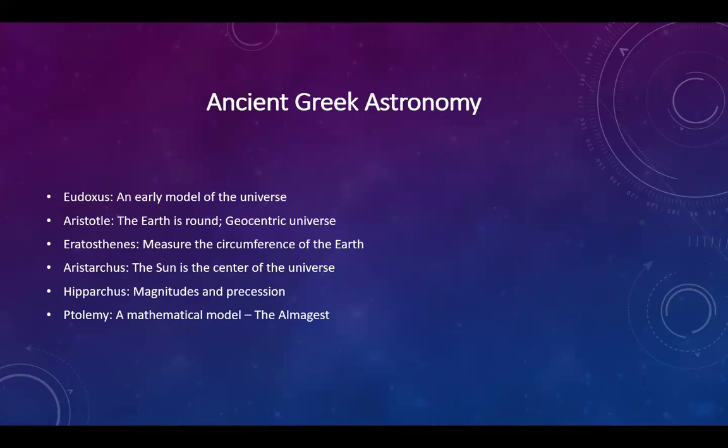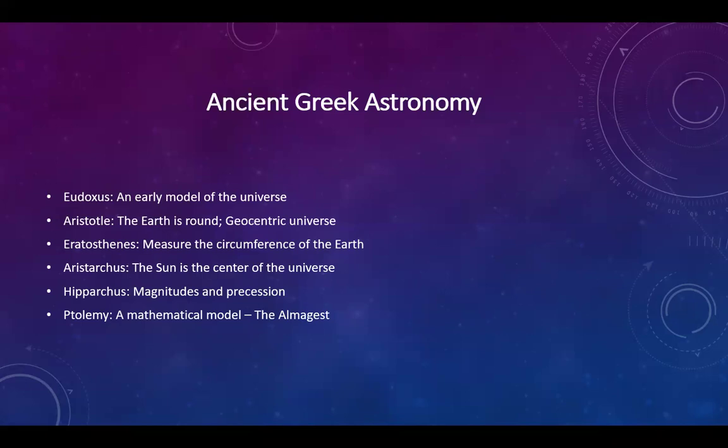Now, a lot of our knowledge of astronomy started with the ancient Greeks. Early on, Eudoxus was one of the first people who built an early model of the universe.